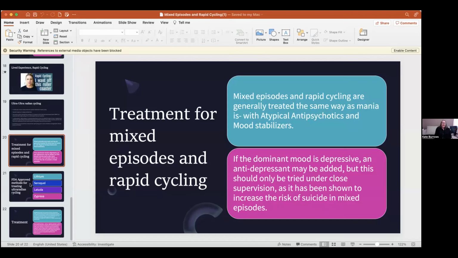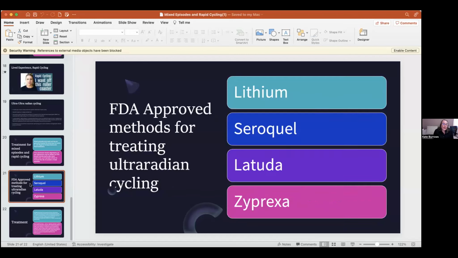The FDA-approved methods for treating ultra radian cycling are lithium, which again is the primary mood stabilizer we see for most people with bipolar disorder, Seroquel, which is an atypical antipsychotic, and Latuda and Zyprexa, which are also atypical antipsychotics. Now, your psychiatrist may prescribe something else for ultra radian rapid cycling, and a lot of medications are used off-label for other purposes.